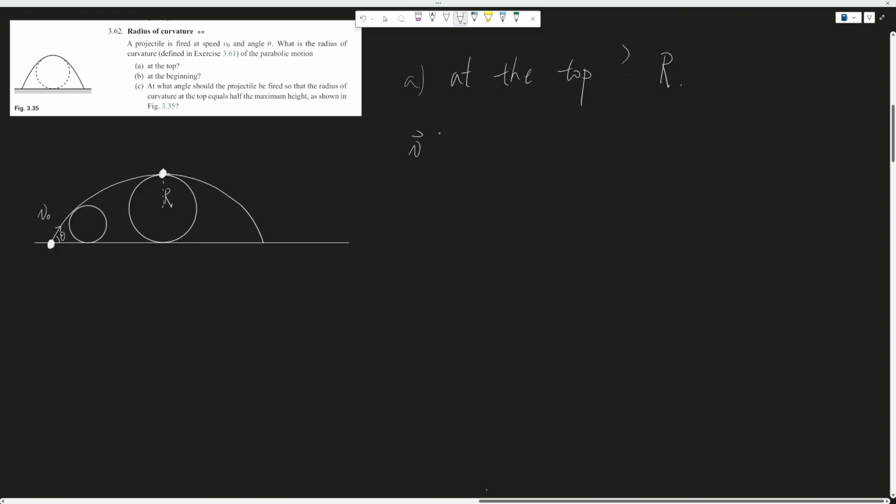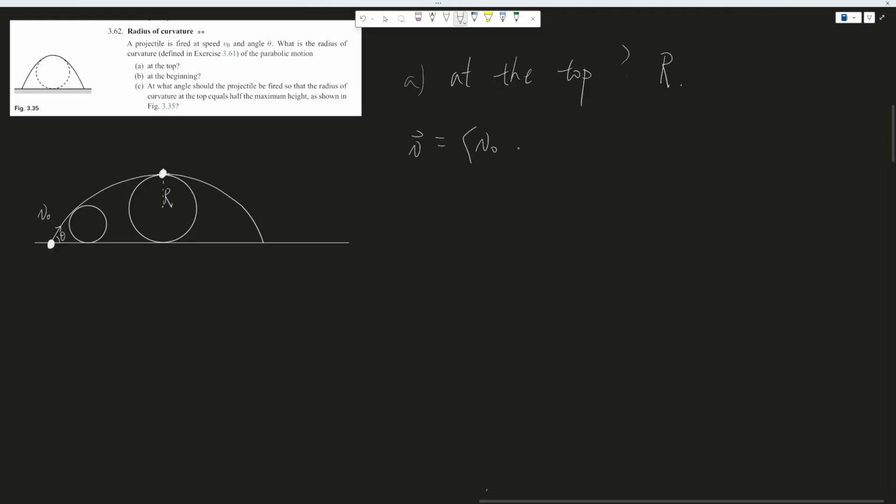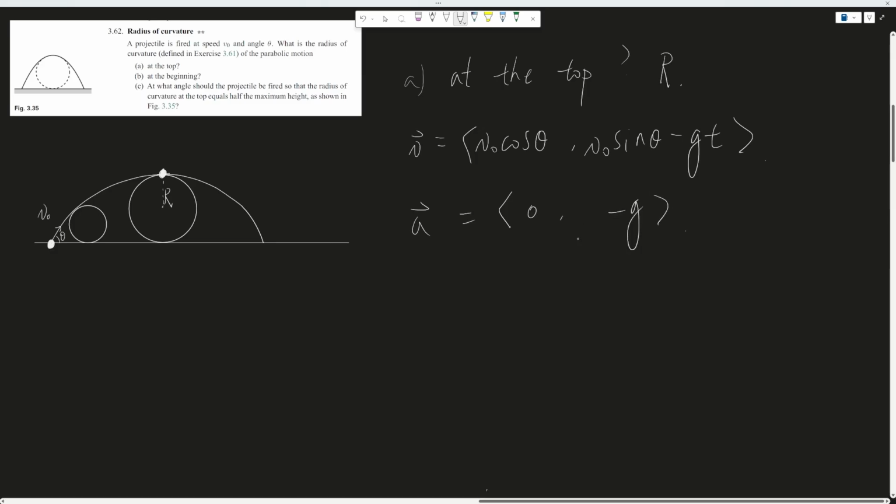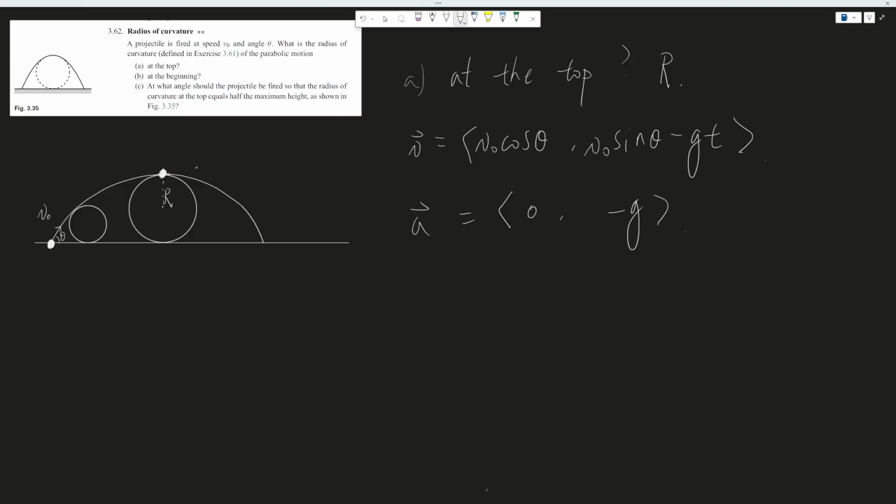So velocity is v naught cosine theta, comma, v naught sine theta minus gt. And then a is basically 0, negative g, since there's no horizontal acceleration in projectile motion. There's only the acceleration downwards due to gravity.